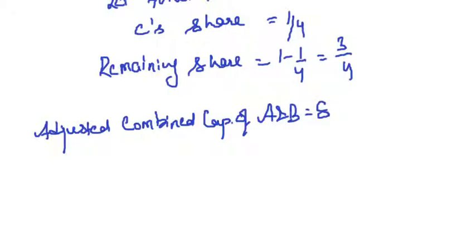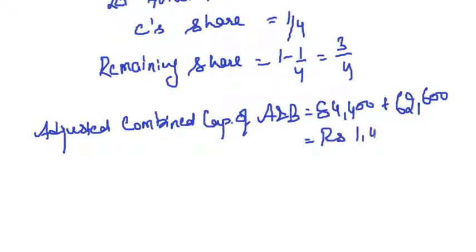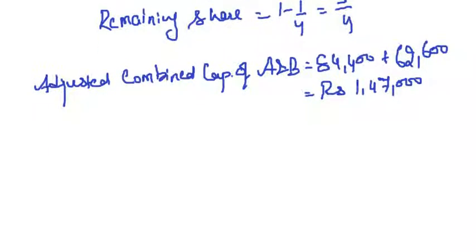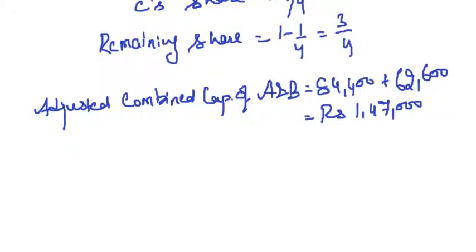This is going to be 84,400 plus 62,600. This comes to 1,47,000. Right? Now, for this 3/4 share, the combined capital of A and B is 1,47,000.